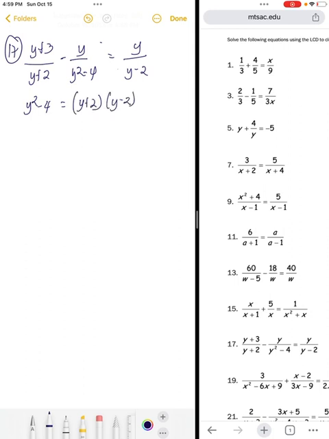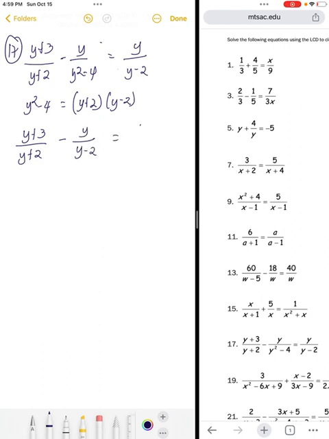Okay. So, it means that a much better plan in solving this is that itong y plus 2 tsaka y minus 2 sa baba, sila ngayon ang pagsasamahin ko sa isang side ng equation. Okay, so halimbawa, here, I have y plus 3 over y plus 2. So, ililipat si y over y minus 2.